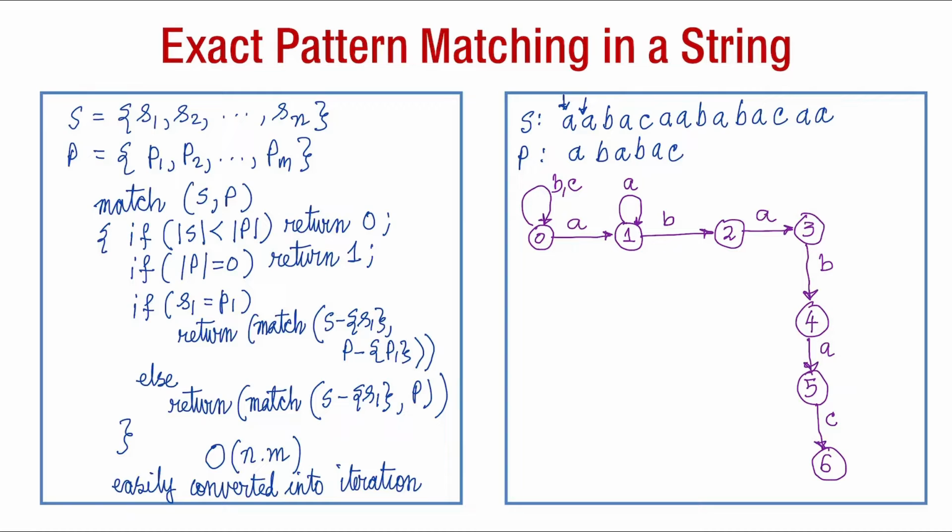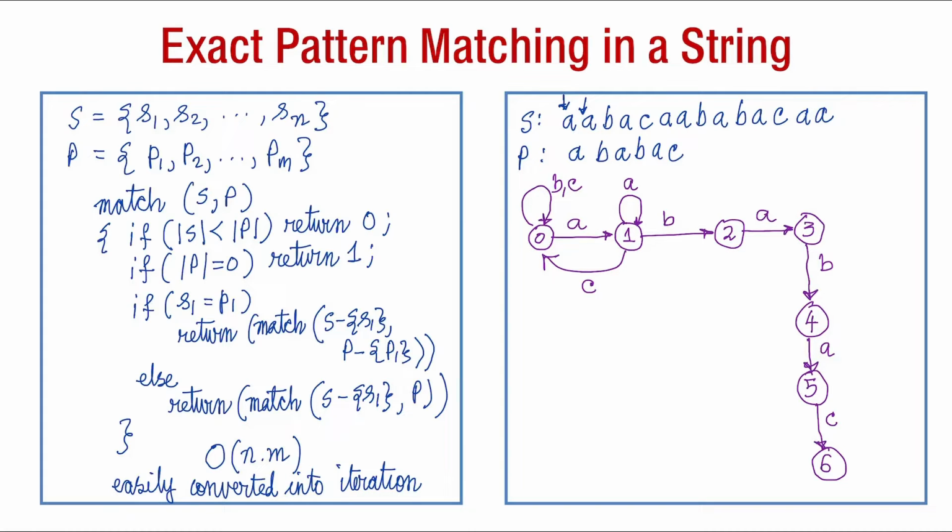On the other hand, if I get C, then I move here. That means I have to start again from the beginning of the next element of the string. In the next element of the string, since it has not matched and I have got a C instead of getting a B, then in my pattern, I have to start my pattern right from the beginning.